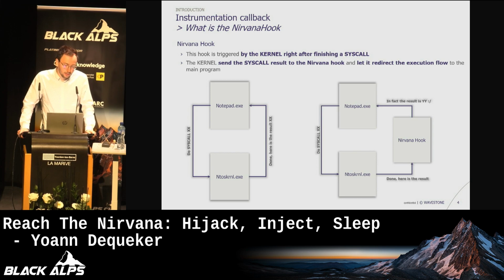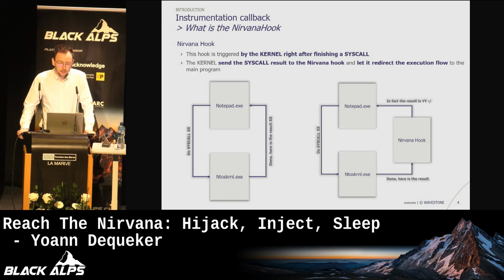The syscall is processed by the NTOS kernel, and once the kernel has performed the action, it will send back the thread to notepad.exe and give the execution flow back to the process. The Nirvana hook will be placed between the kernel and Notepad.